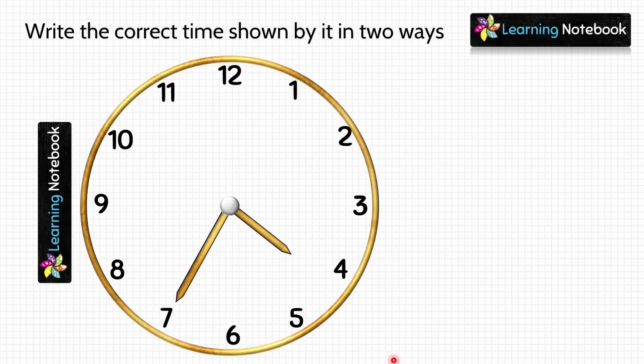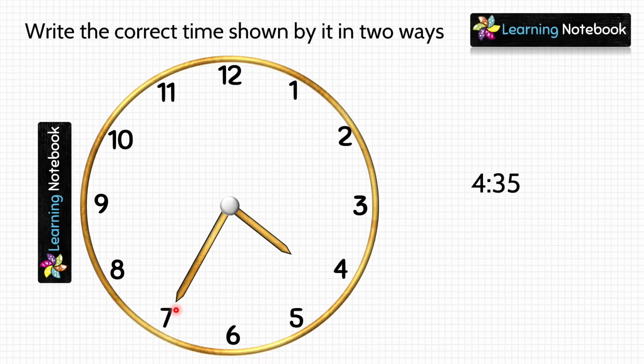Now take a look at this clock in the next question. Here our hour hand is in between 4 and 5. So the hour is 4 and the minute hand is on 7, which means 35 minutes have passed.